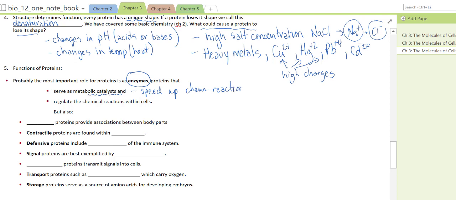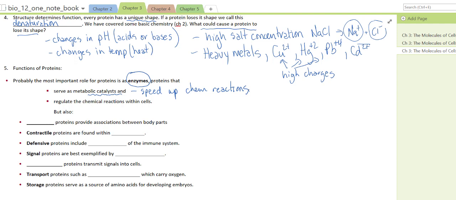Every enzyme that exists in your body, in your saliva, your digestive tract, your bloodstream, your liver, throughout the tissues of your body, is playing a role in speeding up chemical reactions.